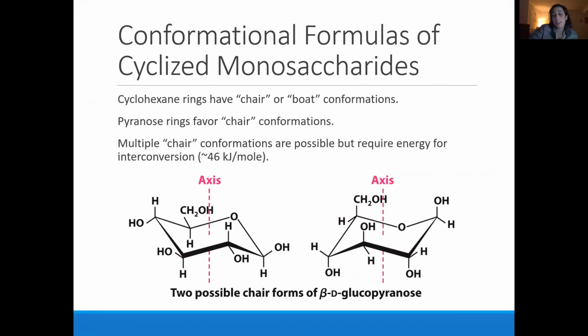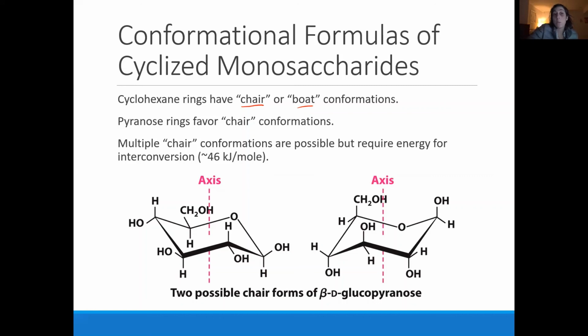Now, because these rings are pretty large, just as you have talked about in organic chemistry when looking at cyclohexanes, because these are single bonded chains that are in 6-membered or 5-membered rings, the cyclohexanes do have this chair or boat conformation. The six-membered rings of the sugars also have the chair and boat conformation.